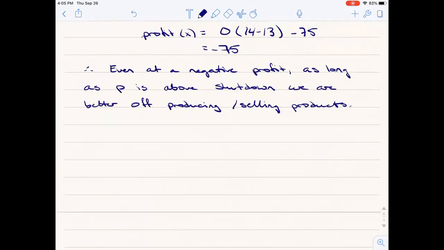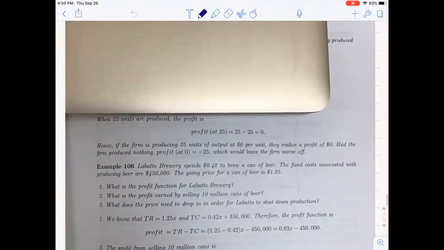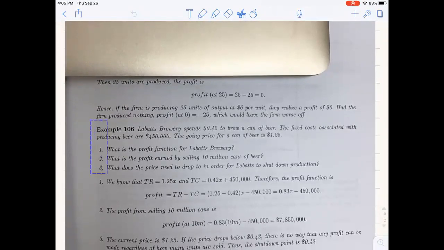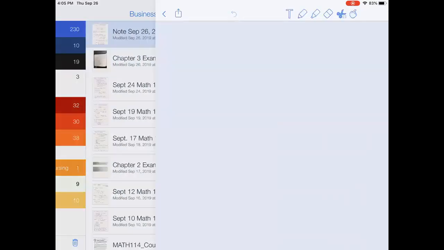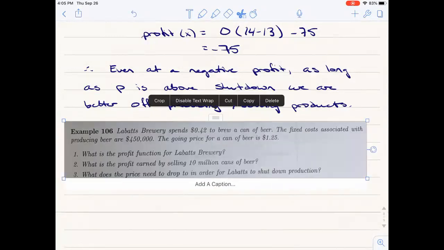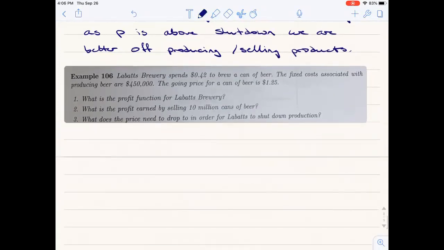Okay, let's do another example just so we get into the swing of things. Labatt's Brewery spends 42 cents to brew a can of beer. The fixed costs associated with producing beer are $450,000.